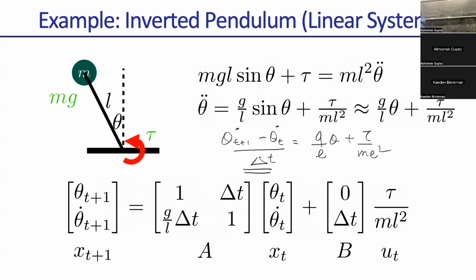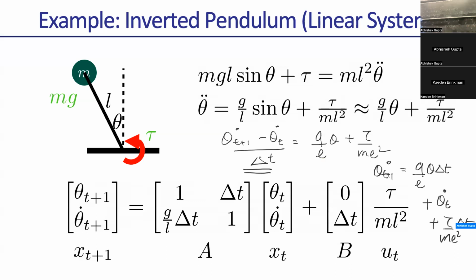This is just coming from physics, so don't worry about it. We're just trying to make it a linear system. So we're saying this is the definition of the derivative, which means theta t plus 1 dot is going to be equal to g over L theta times delta t plus theta t dot plus tau over ml squared delta t.